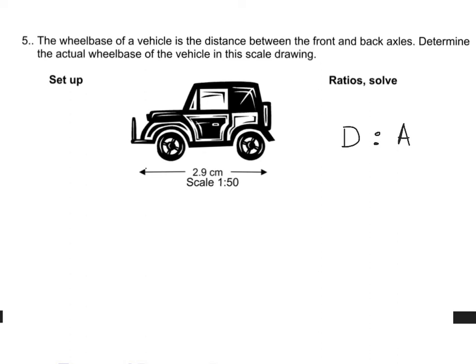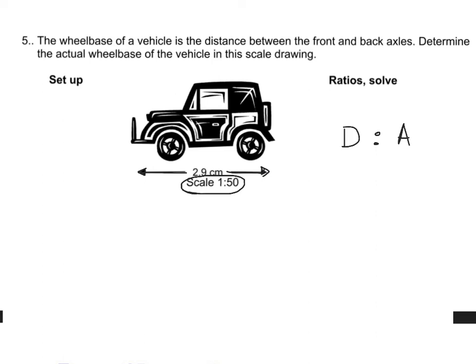Now, we actually took out our ruler and measured this to be 2.9 centimeters, let's say. And it's also telling us that the scale is 1 to 50. And so we are trying to figure out what the actual size of this vehicle is.